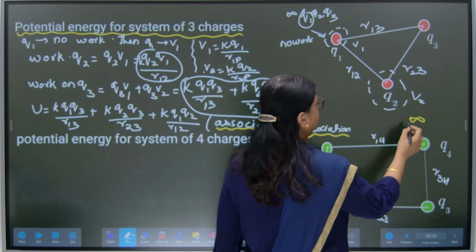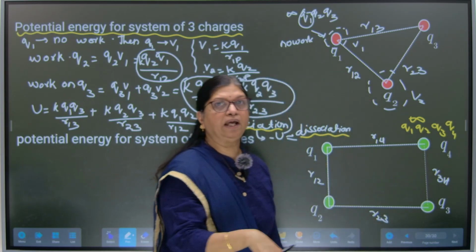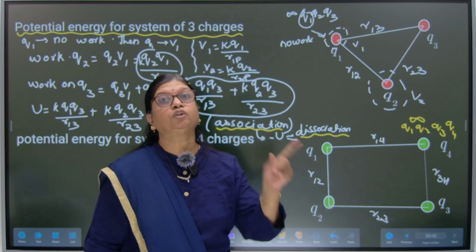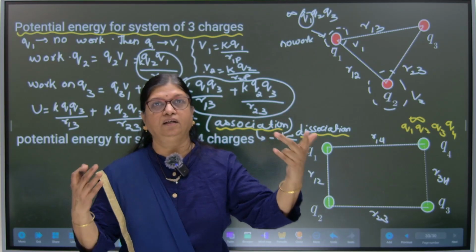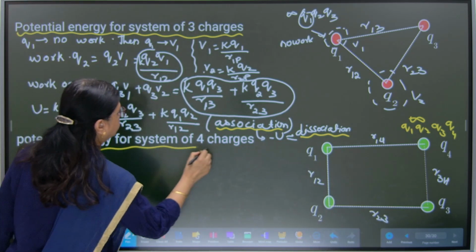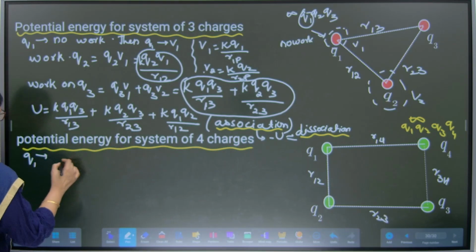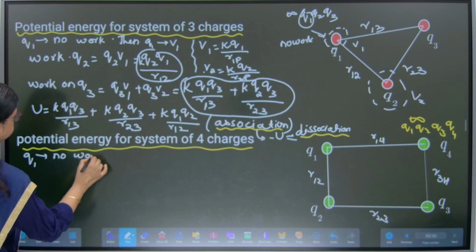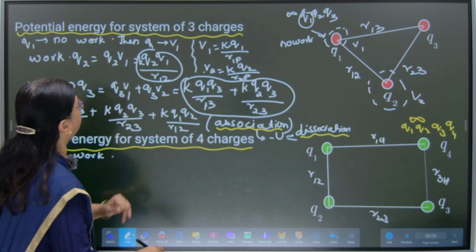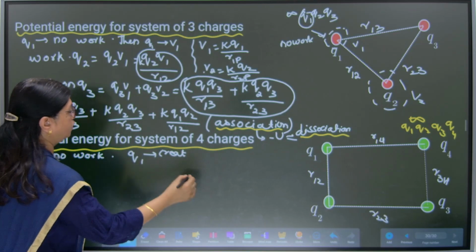What is sitting? Q1, Q2, Q3, Q4. One by one, I will bring them to the required position I want. Correct? While bringing the first one, Q1, to the required position, no work. After coming to that position, Q1 will produce V1.